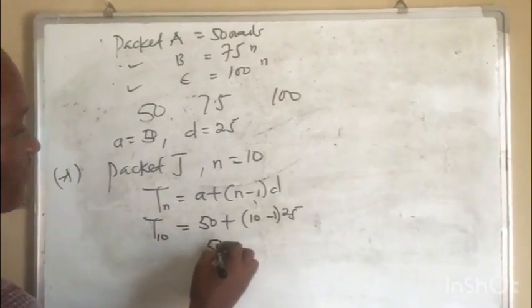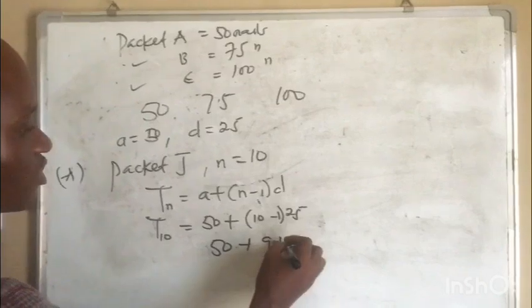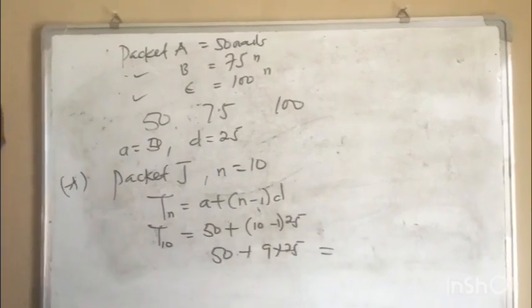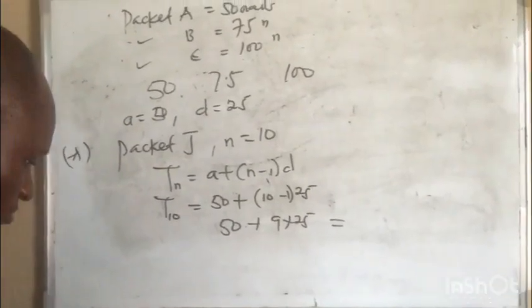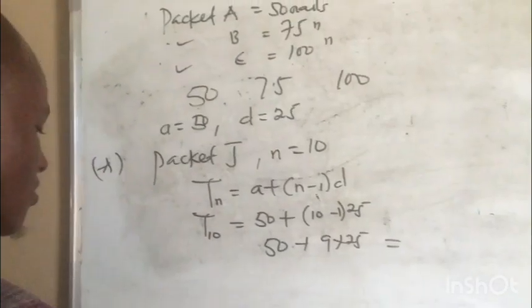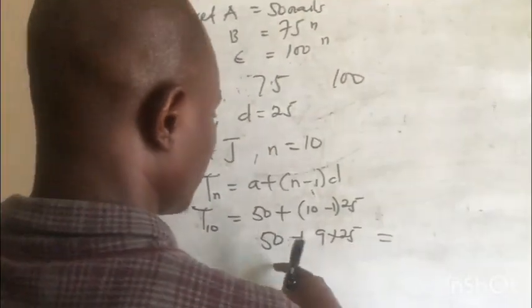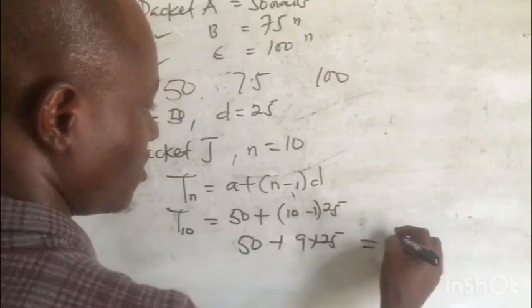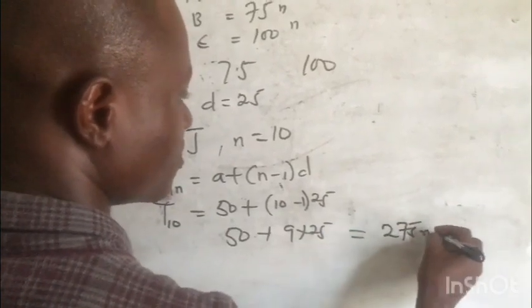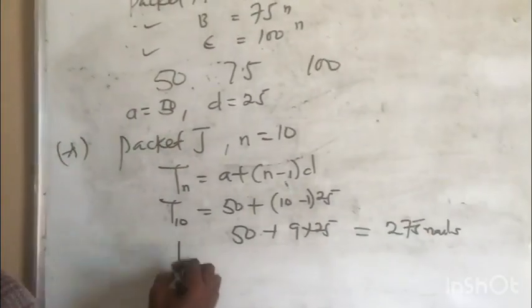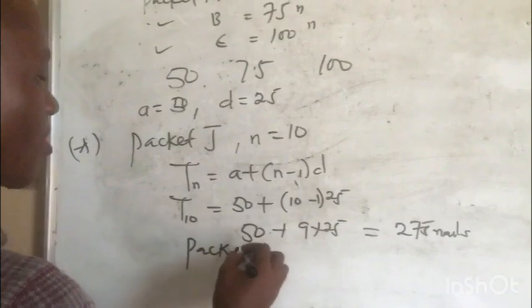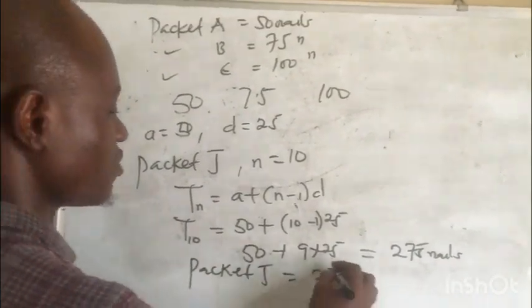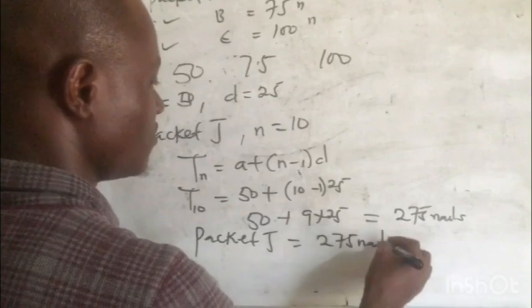So I have 50 plus 9 times 25. 9 times 25 is 225, plus 50, that will be 275 names. So in packet J we have 275 names.